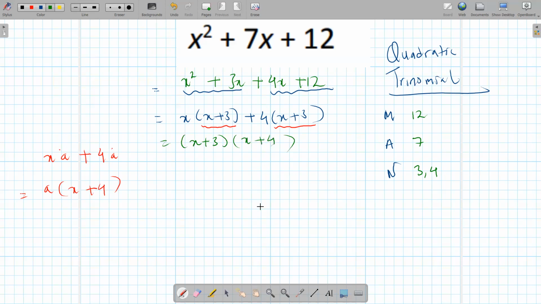You're left with x plus 3. Oh, sorry, x plus 4, just like this one. See if that made sense. We're pulling out the a, and the a in this case is our bracket. Now we're left with whatever we didn't pull out, x plus 4. Same thing here. We're pulling out the x plus 3, and we're left with x plus 4 in another bracket. Okay, and you're done.